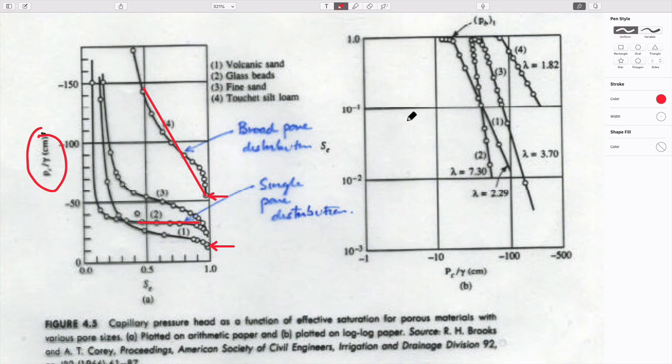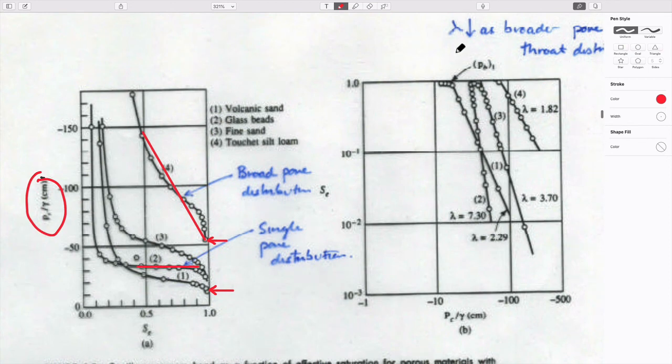So you think about plotting these on a curve, again, of capillary pressure versus effective saturation. And of course, effective saturation is the same as effective volumetric moisture content. They are exactly the same as each other. Then you'd find that these curves would plot like this.